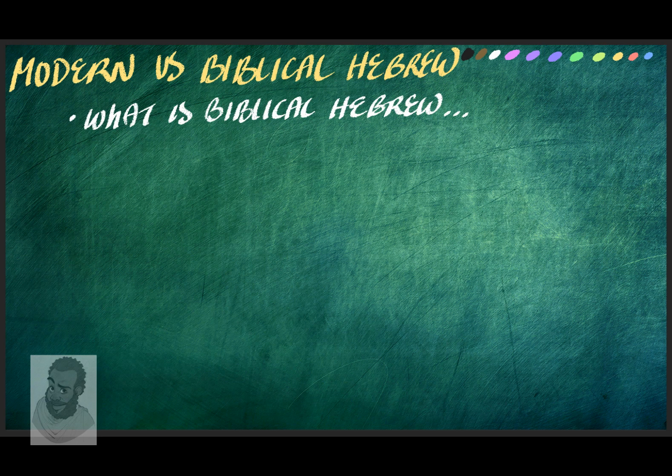What is biblical Hebrew? Biblical Hebrew, or classical Hebrew, is the Hebrew that's within the Bible. Most people don't know that biblical Hebrew went through different phases. There's the archaic, there's the classical, and there's late. Okay?